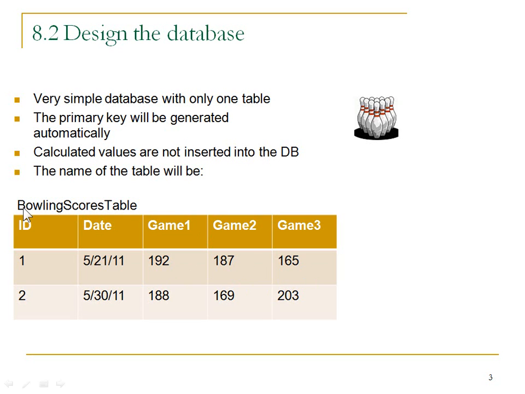We're going to call this table the bowling scores table, no surprise, and it has 5 fields, and the fields have to have a name and a data type. In this slide I'm showing the data type of the date field as a date, but along the way I changed this, and we use an integer, actually a long number, to store the date.